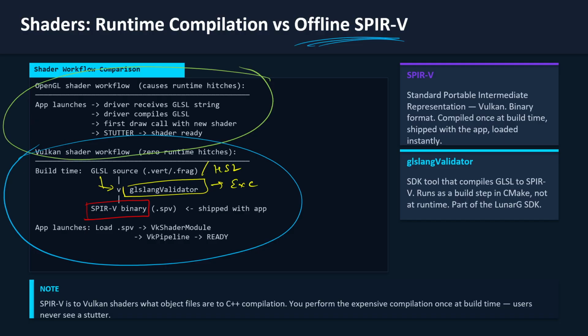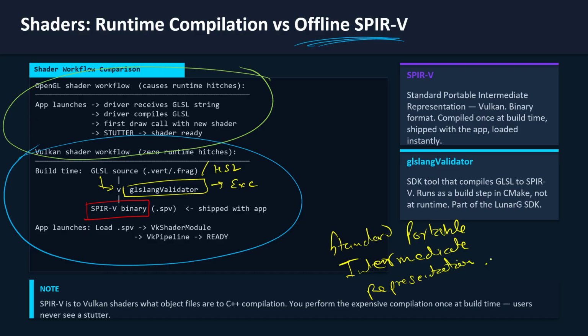All right. Now what exactly is SPIR-V? Let me write it here. It stands for Standard Portable Intermediate Representation for Vulkan.